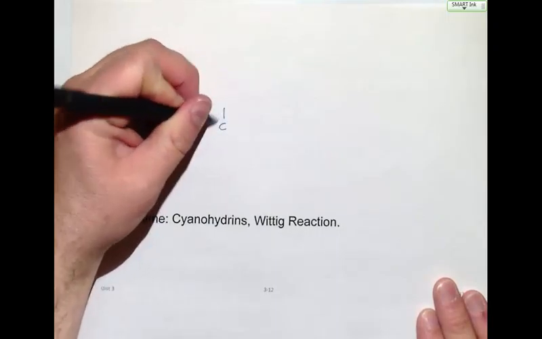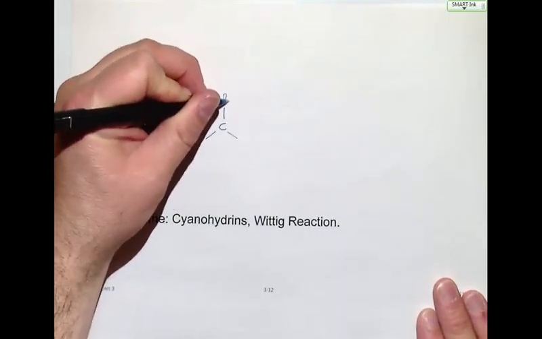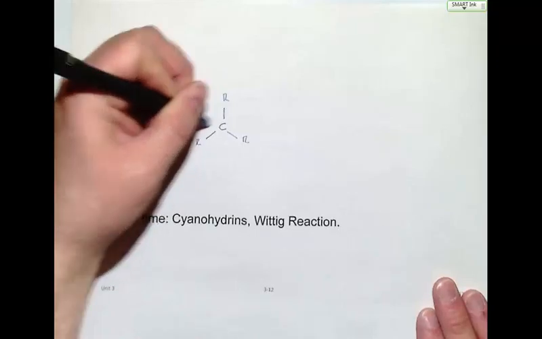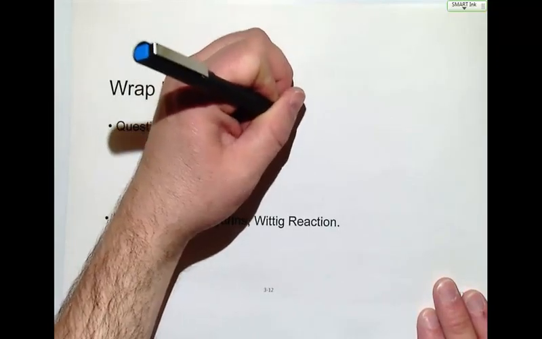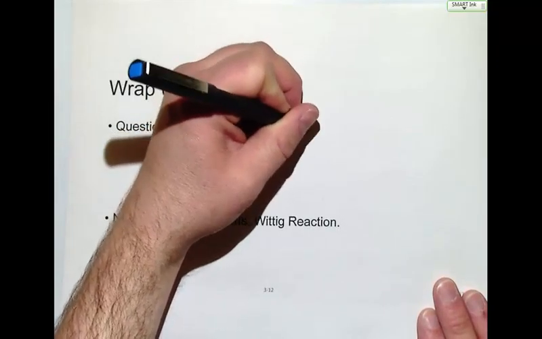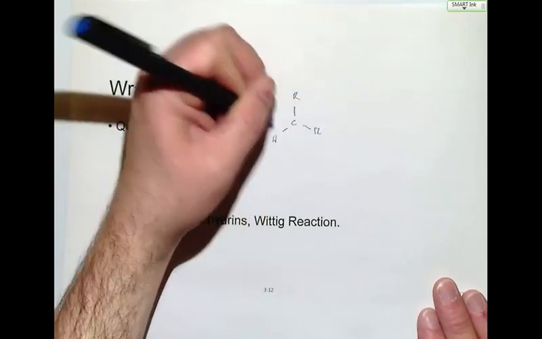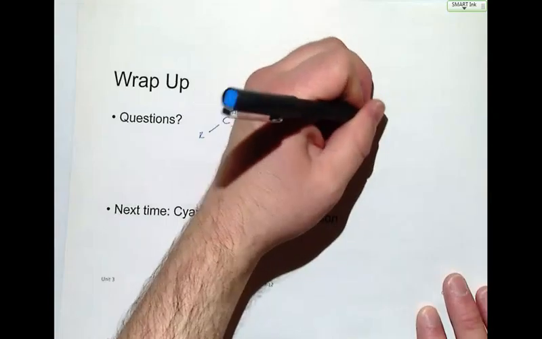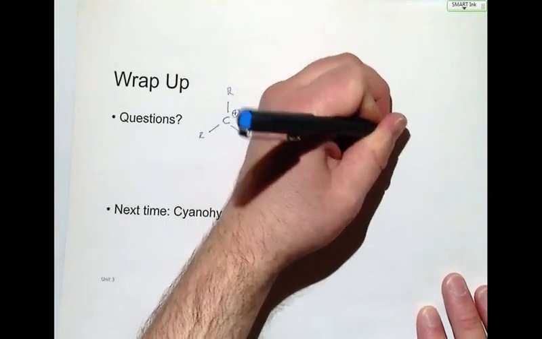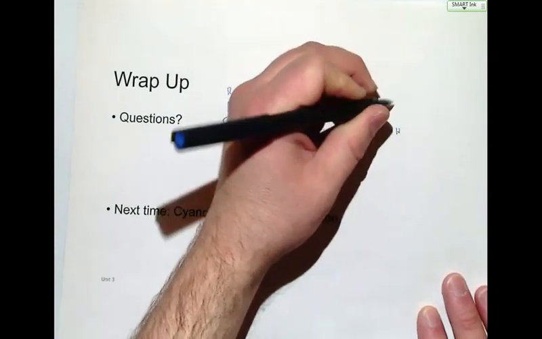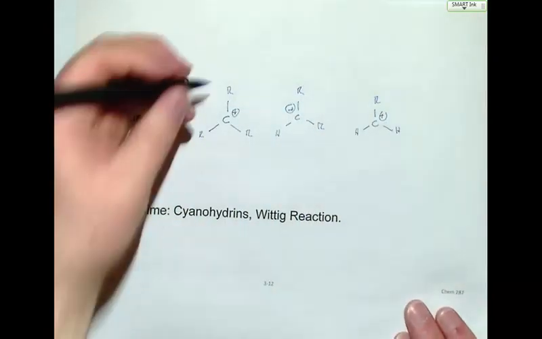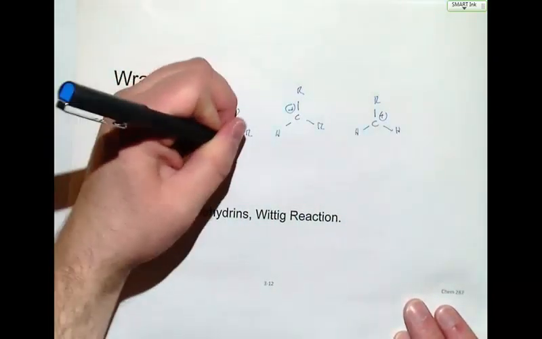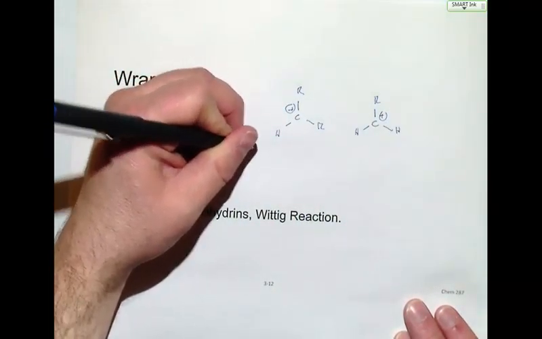We know that for carbocation stability, tertiary is the most stable, then secondary, and then primary is the least stable.